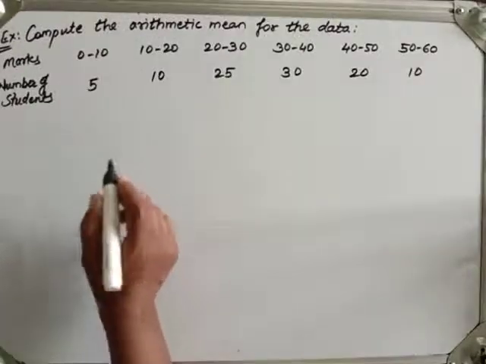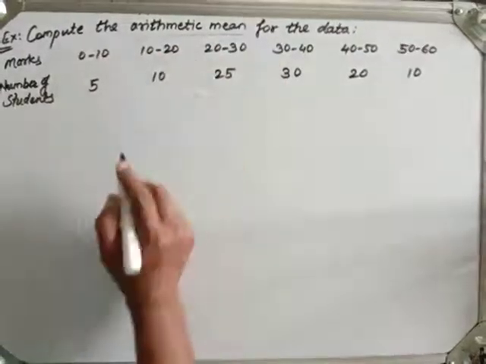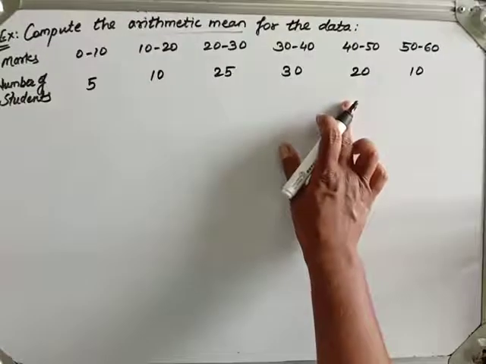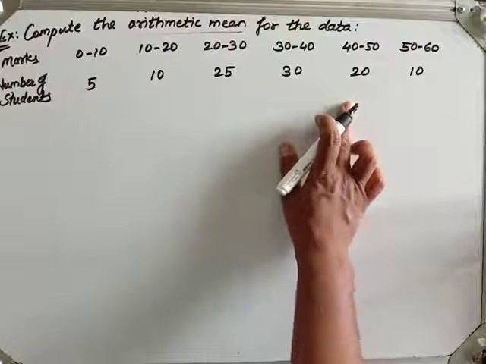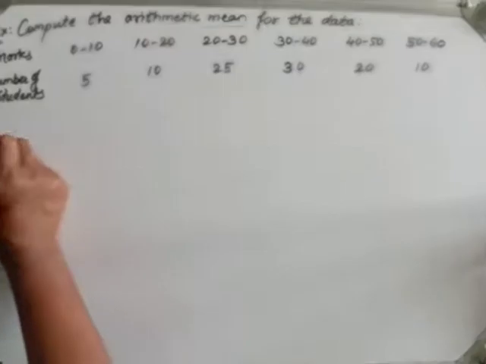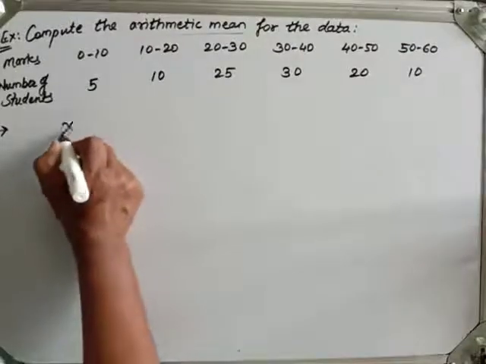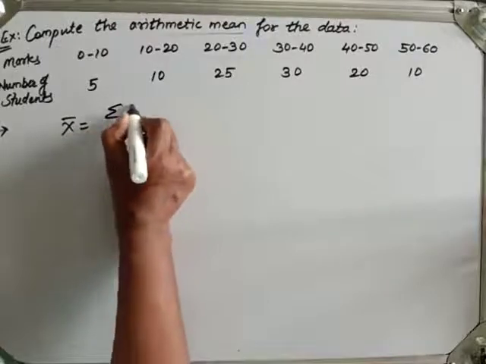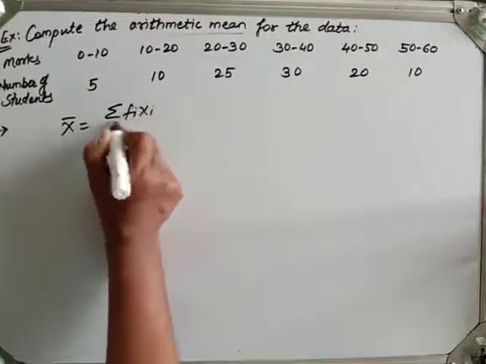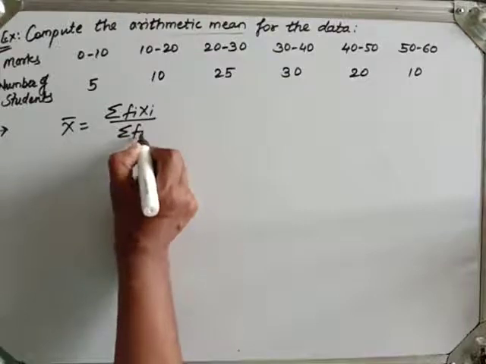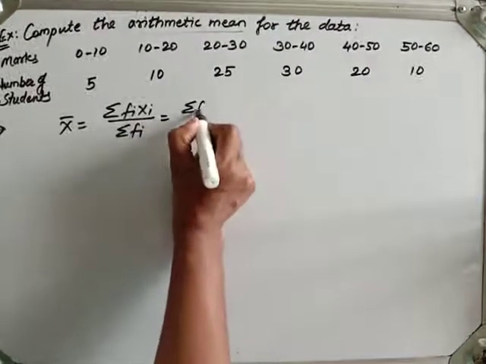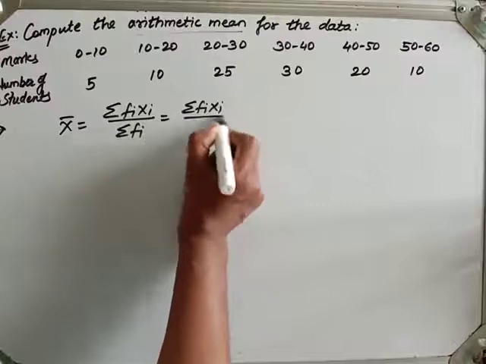Now our aim is to obtain the arithmetic mean. Clearly, this is a continuous series given to us. So we will use the formula x bar is equal to summation fi xi upon summation fi, that is, summation fi xi upon n.